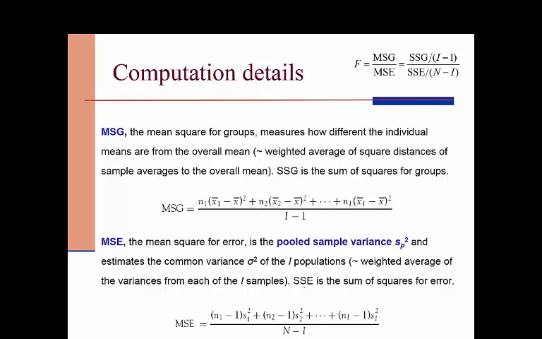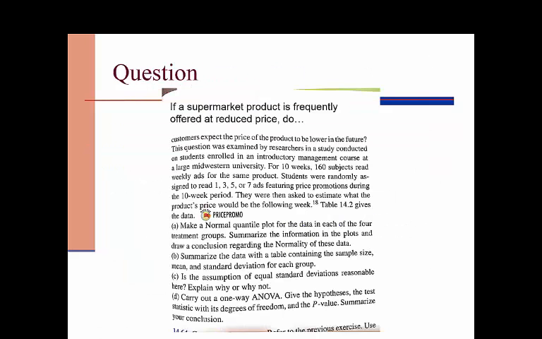All right, so let's run through a full-blown example. Okay, we're going to run through a full example for ANOVA. Okay, so it says, if a supermarket product is frequently offered at a reduced price, do customers expect the price of the product to be lower in the future?